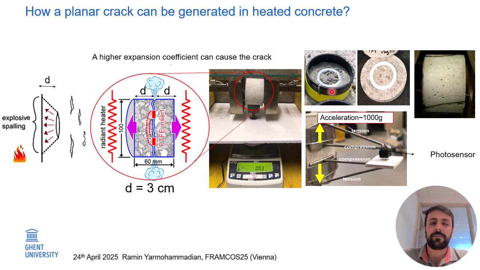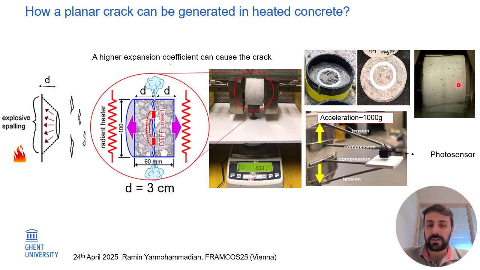In this case it is PTFE rings, and this PTFE ring heats up like the surrounding material, and then expands more. By higher thermal expansion, the crack is created in the middle of the cylinders, and then we can have the instability depending on the parameters that we have in the concrete.